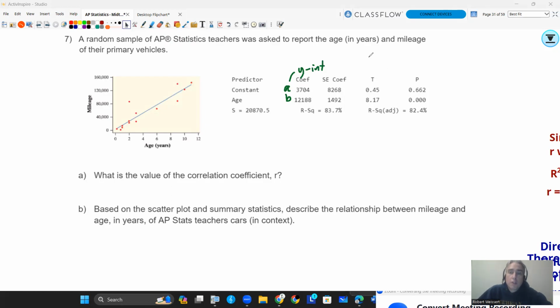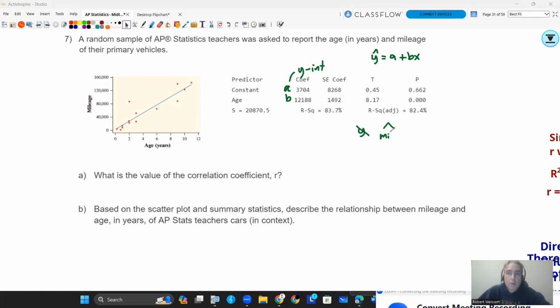When you write your function, it's going to look like y hat, the predicted y, equals a plus bx. So if you substitute a and b in there, you can get the equation. But I often find it's easier to write, instead of y, the predicted. In this case, we're predicting mileage.